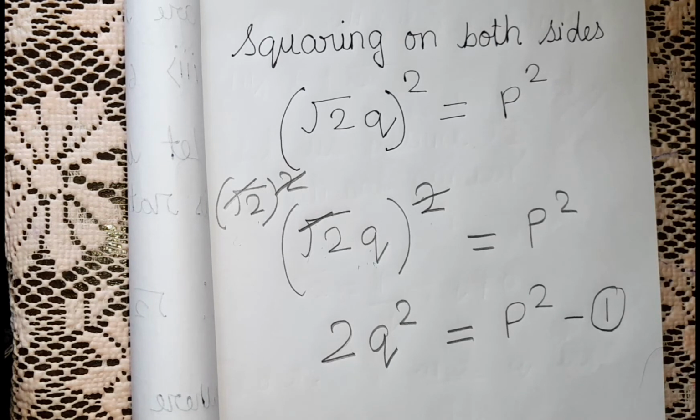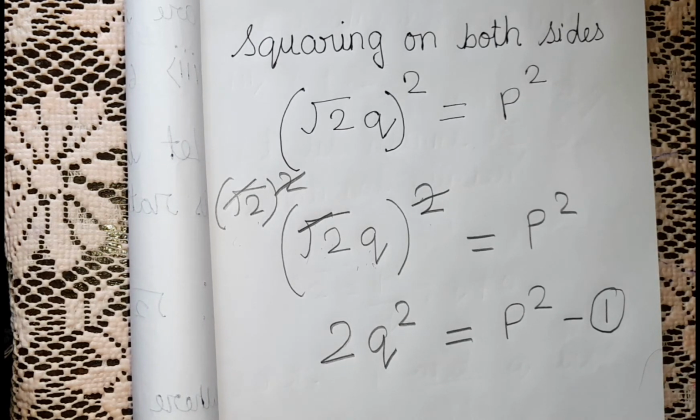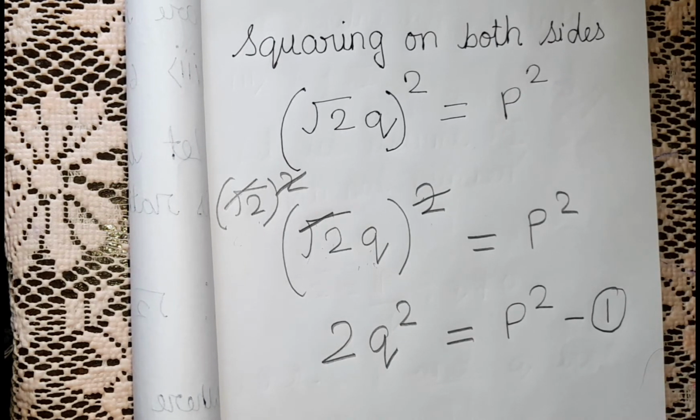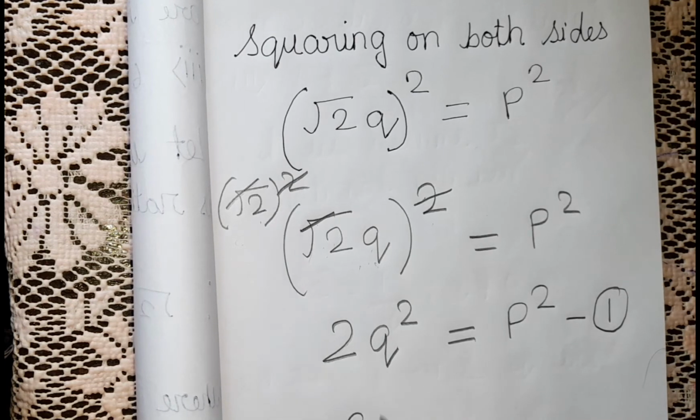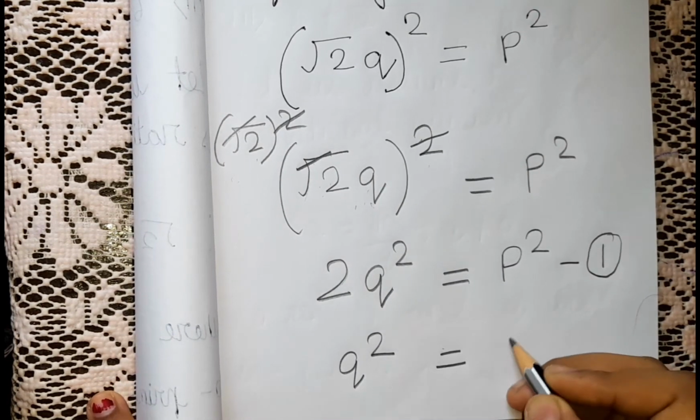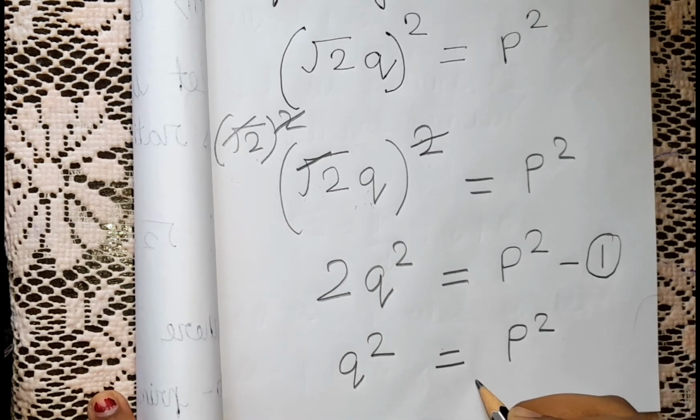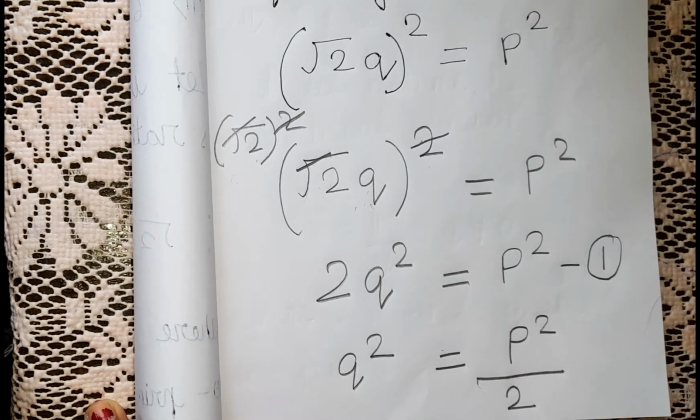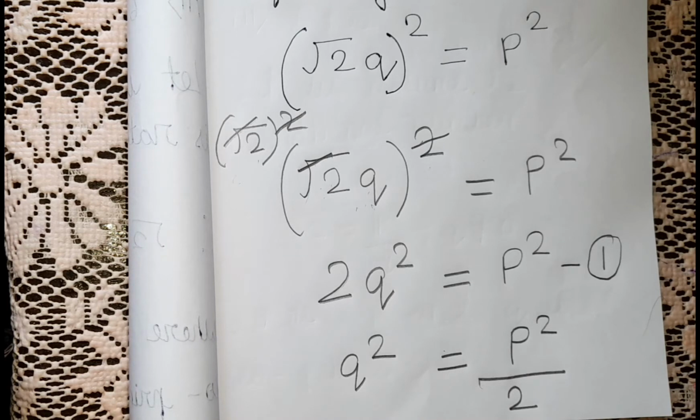Now let's write 2 divides p. We shall write this q square as it is, is equal to p square divided by 2. Why did we write this? Because here it is in multiplication form.